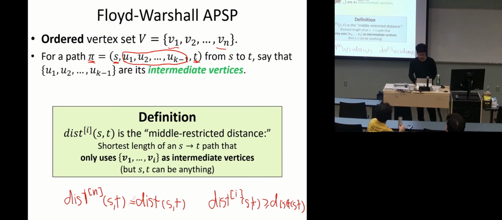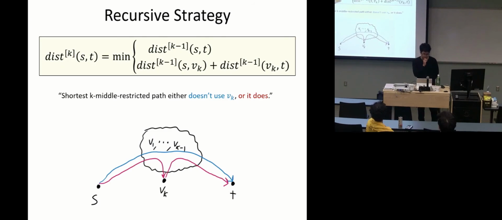So let me try to say that once more. Let's say that we want to compute this k-th distance from S to T. You have two choices about Vk, whether you want to use it or not.